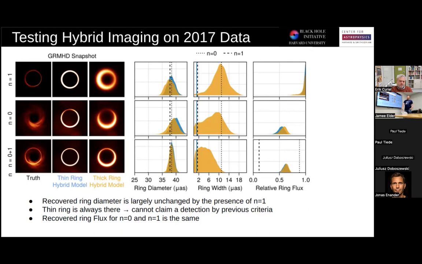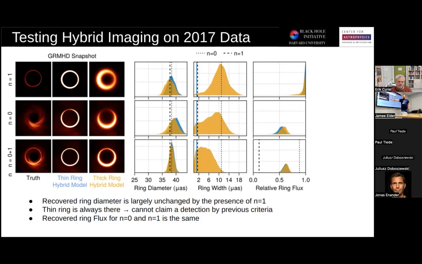The diameter looks reasonably good compared with what you would expect for n equals 1, the black dashed line, but the posterior is quite broad. It's also consistent with n equals 0, so it's unclear what it's focusing on. Again, the flux is huge and it is not really tracking either n equals 0 or n equals 1. It's some weird combination of it.